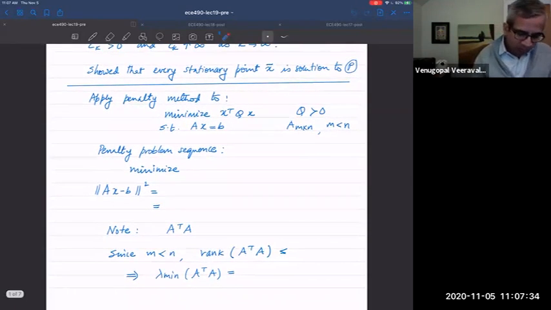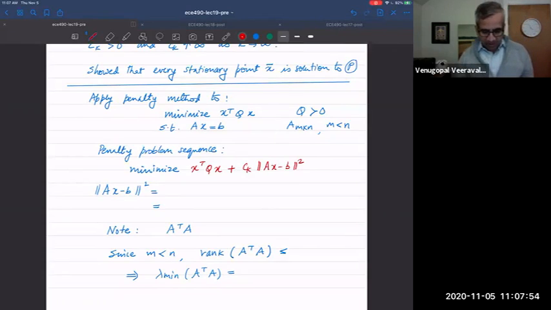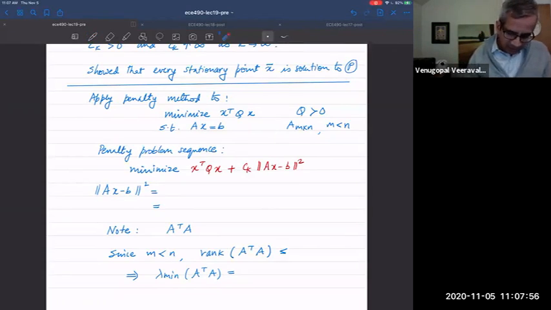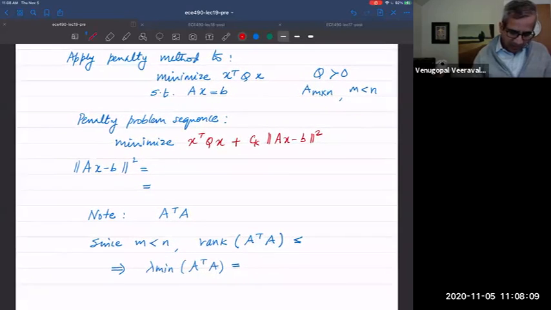Let's apply the penalty method. The unconstrained problem becomes x transpose Qx plus ck times the norm squared of Ax minus b. This is actually a strictly quadratic function, and this term is also quadratic in x, but let's see what form it has.